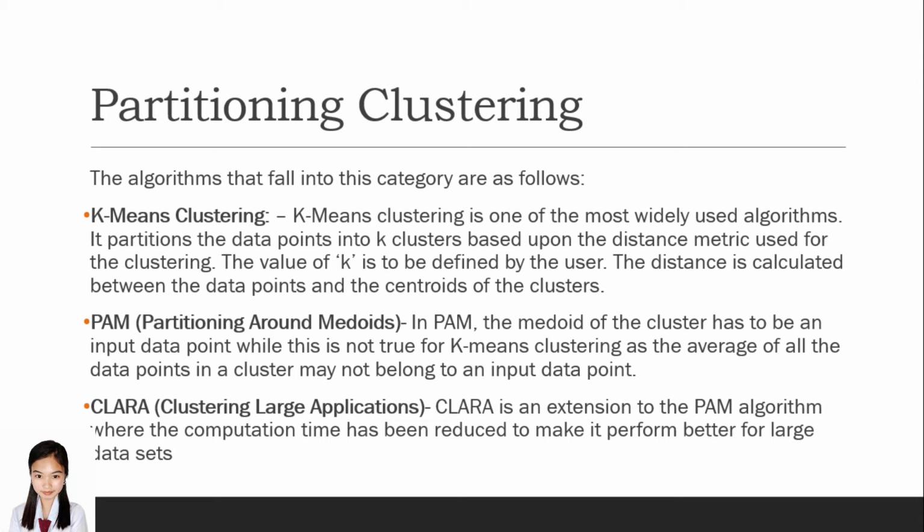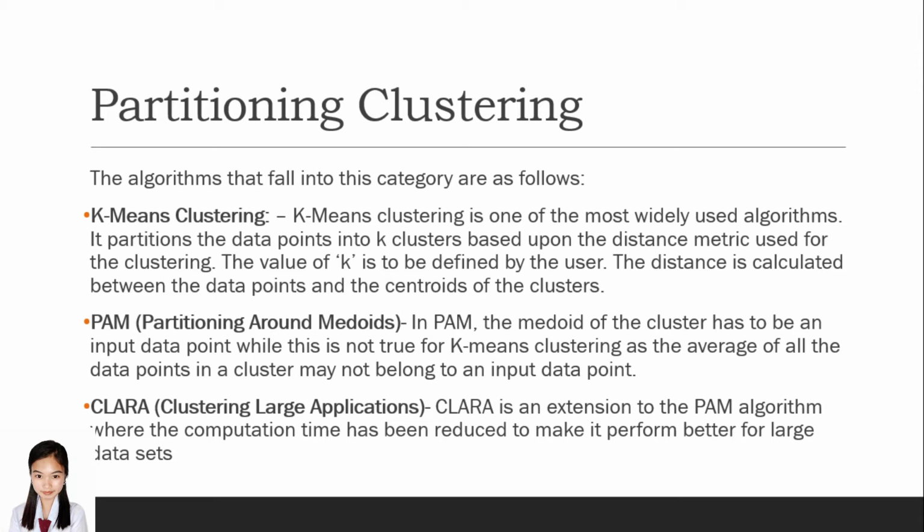K-means clustering. K-means clustering is one of the most widely used algorithms. It partitions the data points into K clusters based upon the distance metric used for the clustering. The value of K is to be defined by the user. The distance is calculated between the data points and the centroids of the clusters.